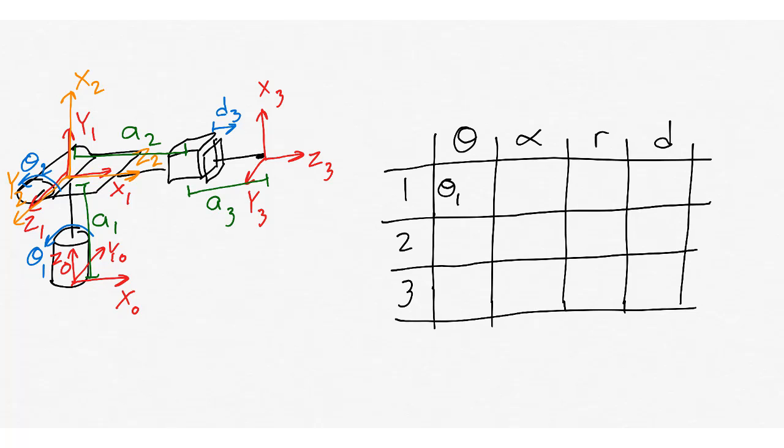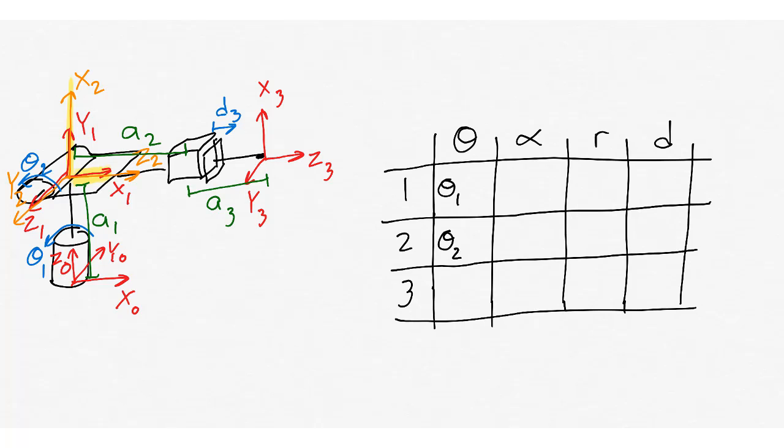Next, let's do theta for the second row. Here, I also have a joint variable component because theta 2 is a rotation around Z1, which is my n-1 frame in this case, so I have to have theta 2. To find out if we have any additional component, I have to compare the directions of x1 and x2. x1, shown in red, is pointing to the right. x2, shown in orange here, is pointing up.